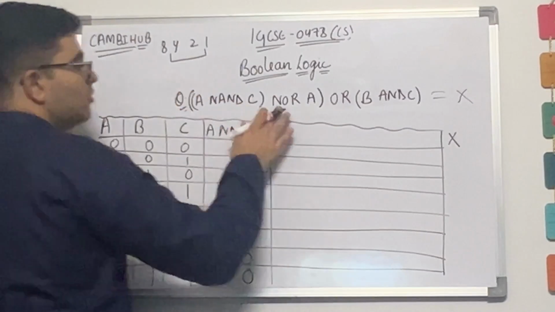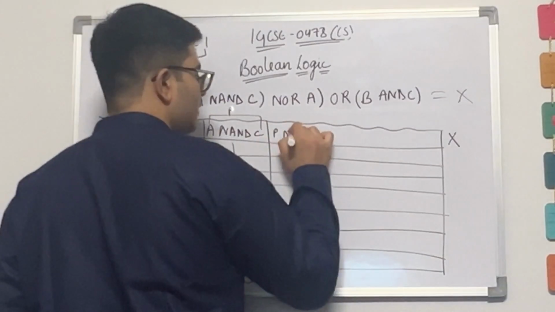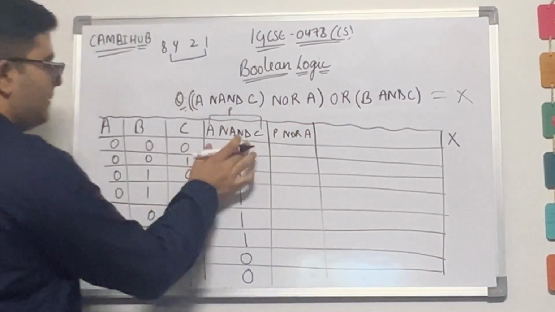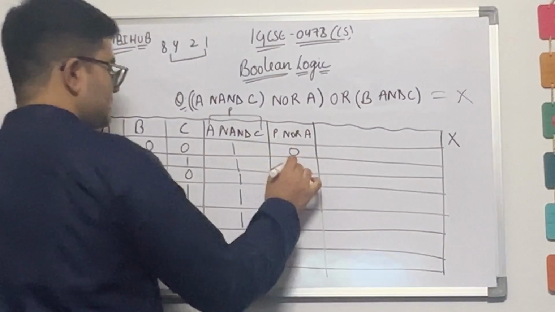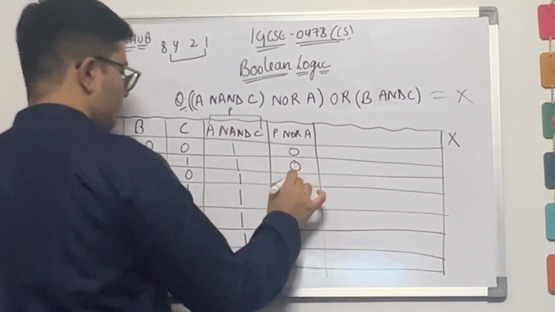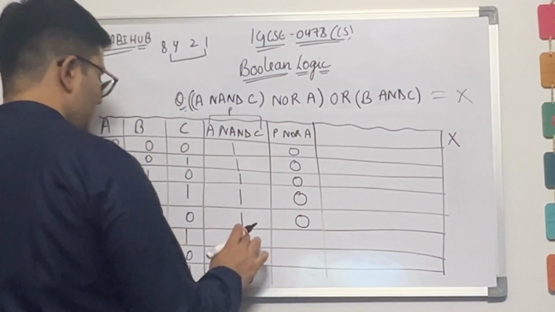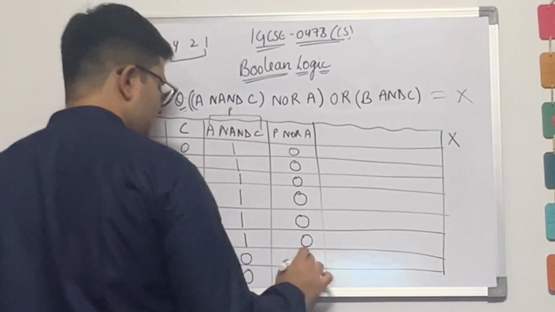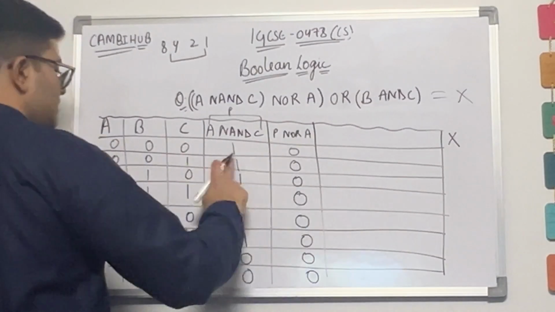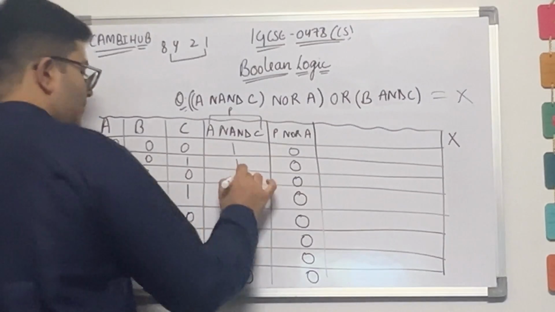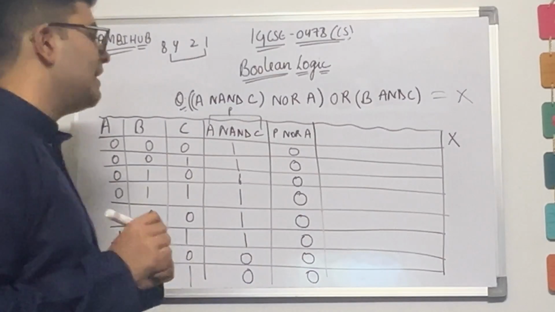Now the next I'll do is NOR of this. So let me name this as P. So I have to do P NOR A. Let's do P NOR A. Each combination where either input is 1 becomes 0, and if there was a 0 0 option, that would become 1.